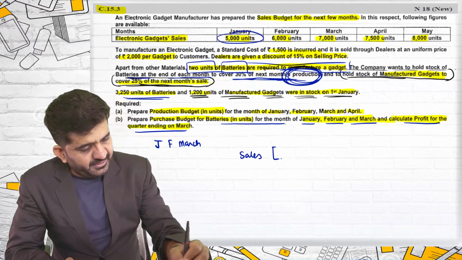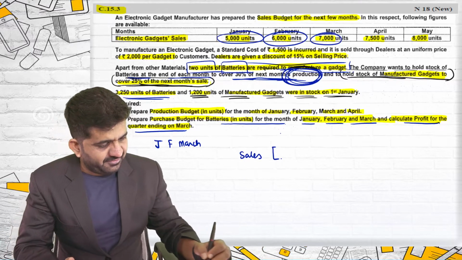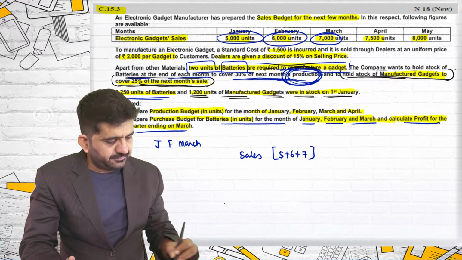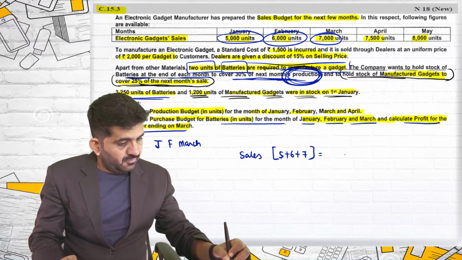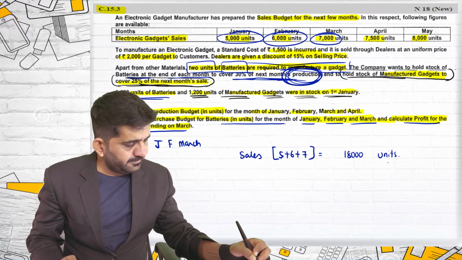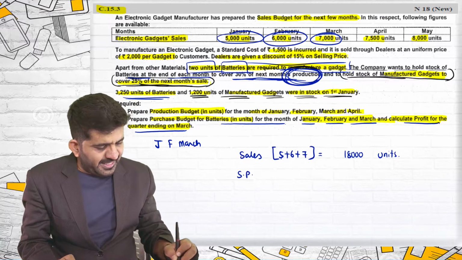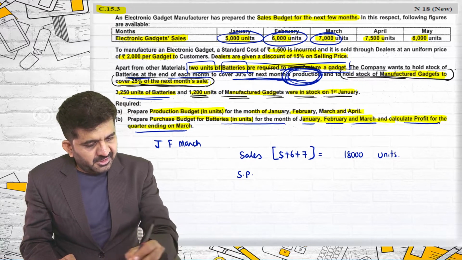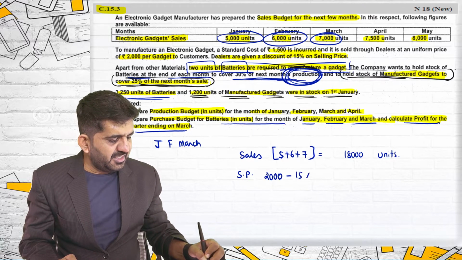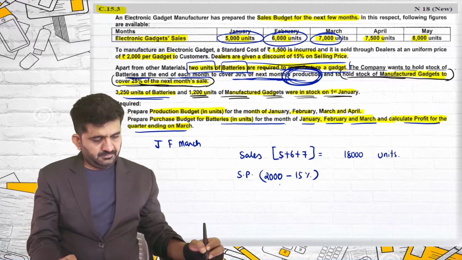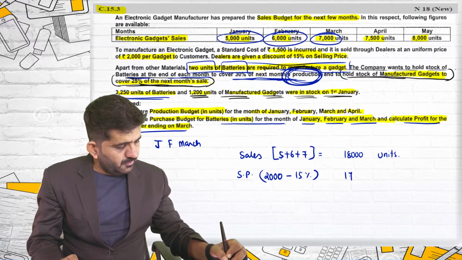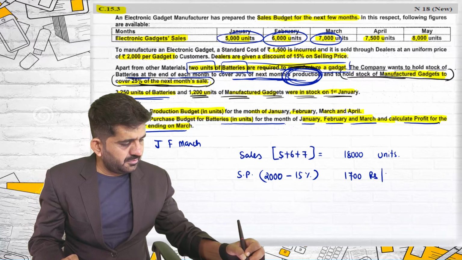Sales will be 5,000, 6,000 and 7,000. 5 plus 6 plus 7 will be 18,000 units. What will be the selling price per unit? It is 2,000 minus 15%, which is 1,700 rupees per unit.